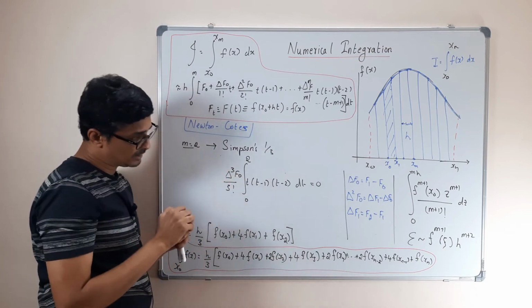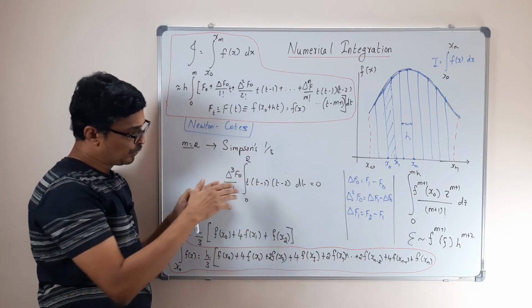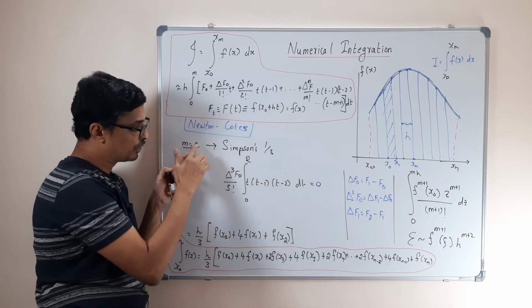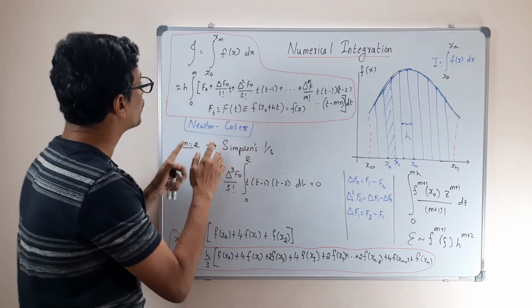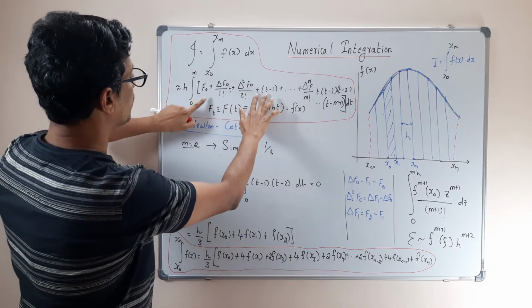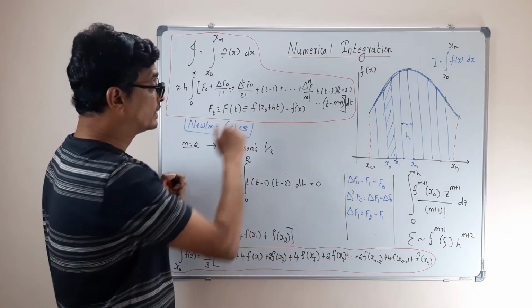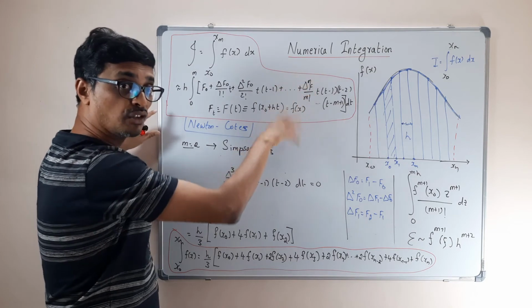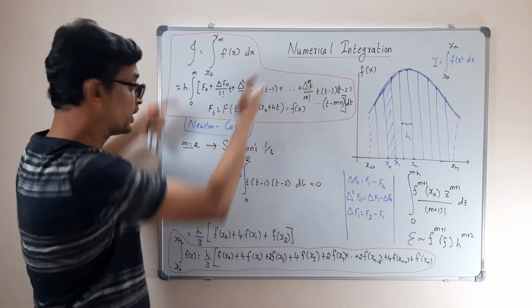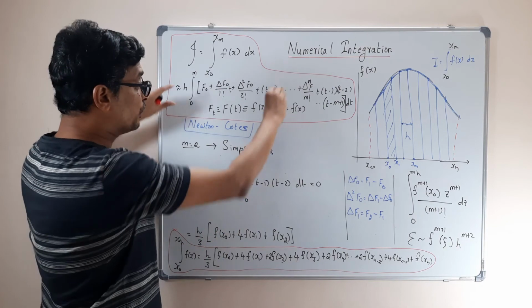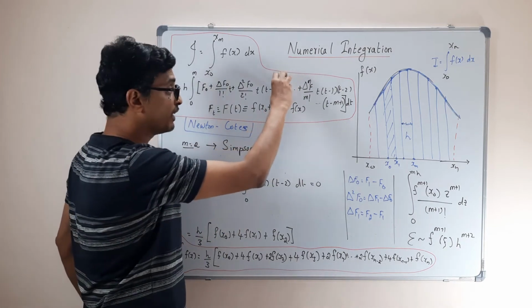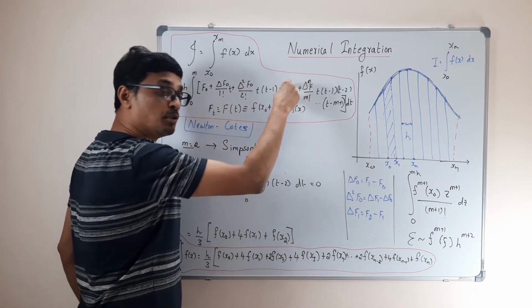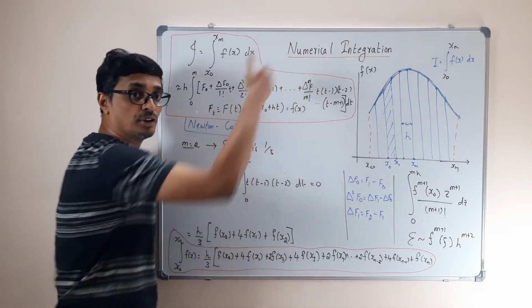Therefore, even though you have truncated and taken m equal to 2, that means a polynomial of degree 2, since the next term becomes 0 by itself because of your integration, the error, which is the term omitted, will be the term after that.